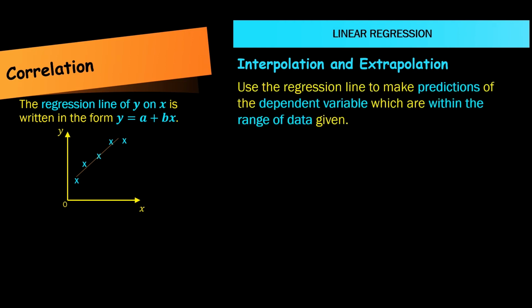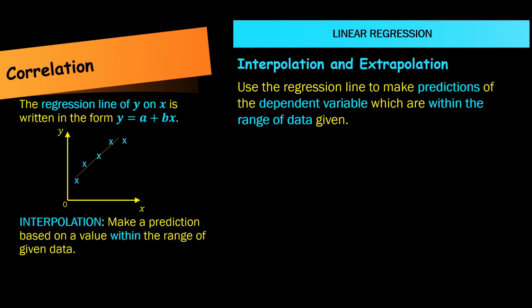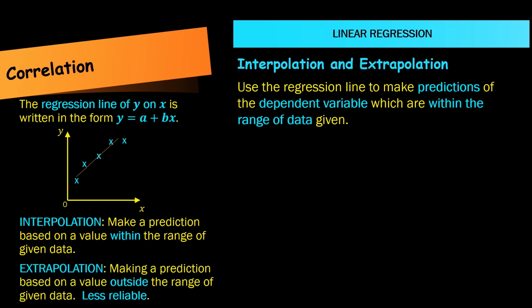Interpolation is the process of making a prediction based on a value within the range of given data. Extrapolation is about making a prediction based on a value outside the range of given data, and this is less reliable.